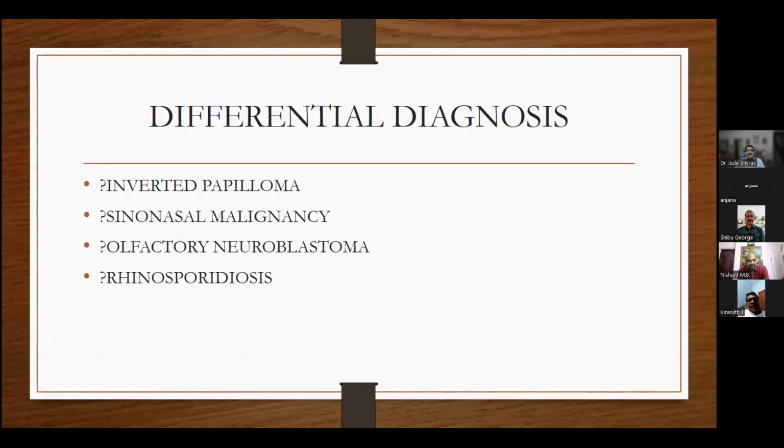It is just alternate hypo and hyperintense lines, seen either on T1 contrast enhanced or T2 weighted images. Look at inverted papilloma MRI when you see later on. It is almost like your cortical sulcus and gyrus in a CT scan of the brain, almost similar. That is why it is a convoluted cerebriform pattern.